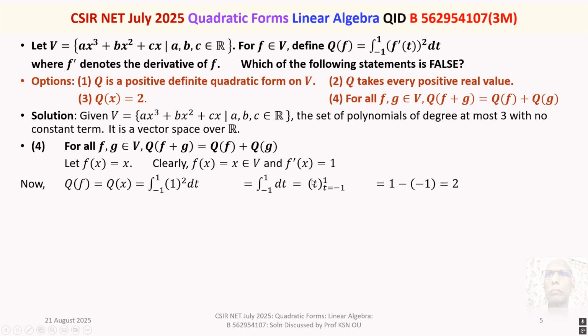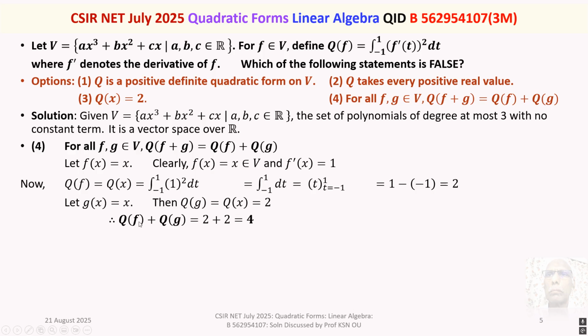So after integration, t from t is equal to minus 1 to plus 1, evaluate, you get 2. And you also take g of x to be x only. As above, Q of g is equal to Q of x is equal to 2.